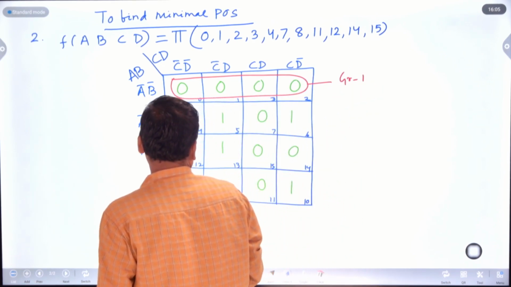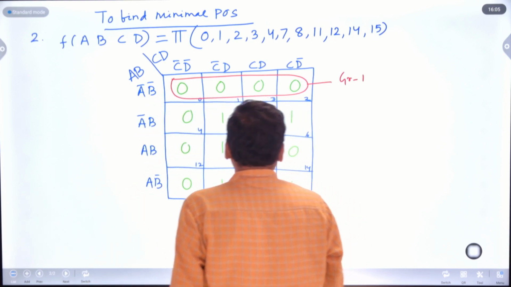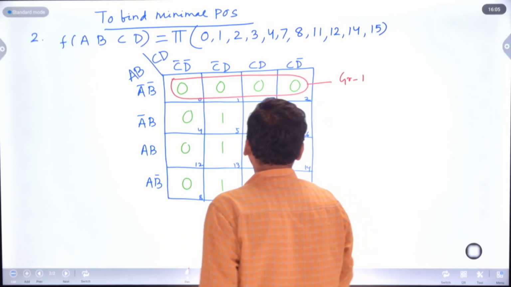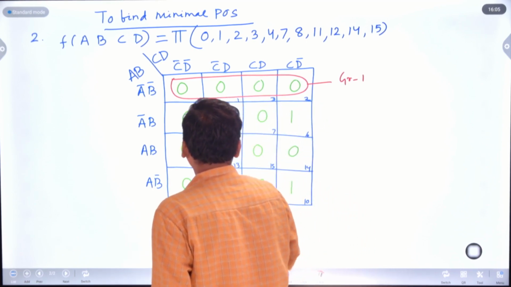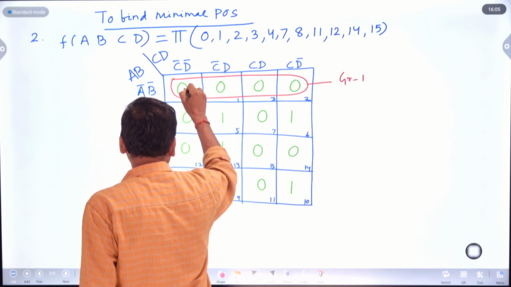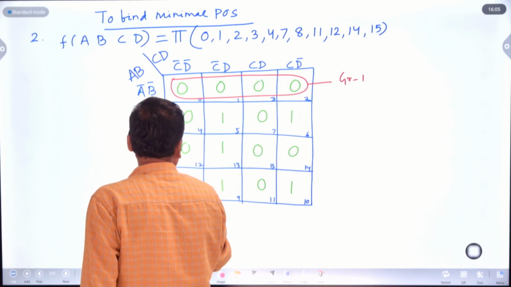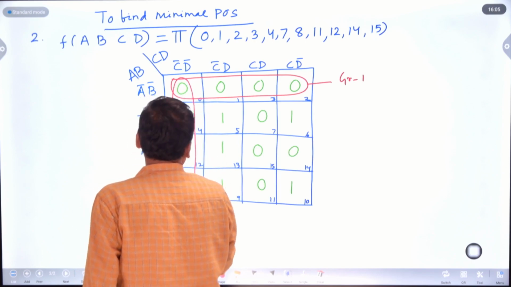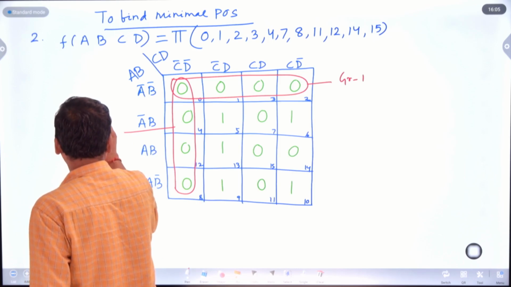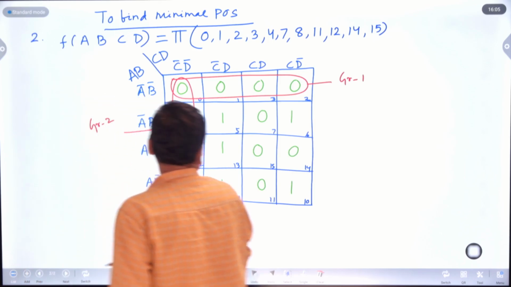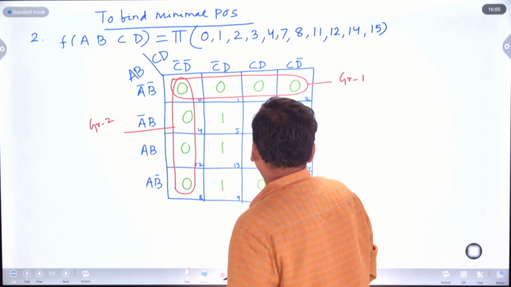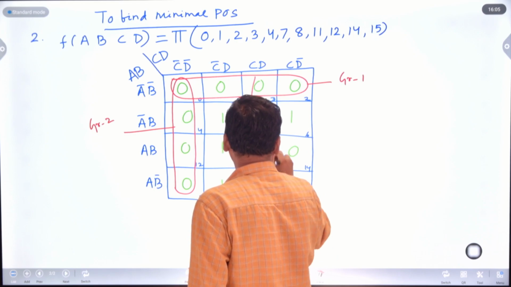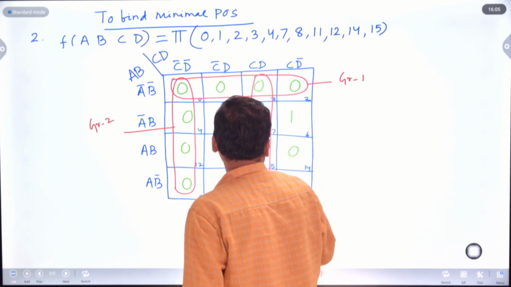Similarly, there are 2 zeros here; even though this 0 belongs to group 1, nothing is wrong if you use it again, because this is also a quad. This is group 2. Then this is another quad, group 3.